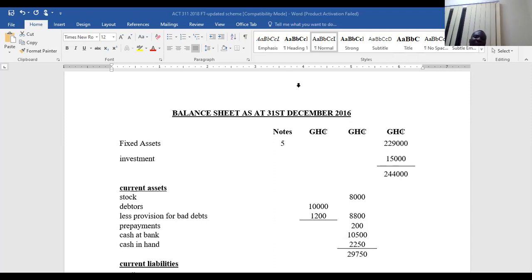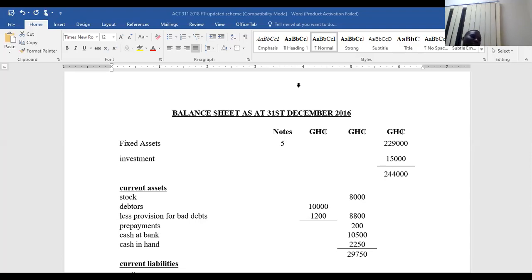Then you go to your current liabilities. You have creditors. Creditors in the question is 8,000. So you put it there. Then you bring your accruals and other outstandings.